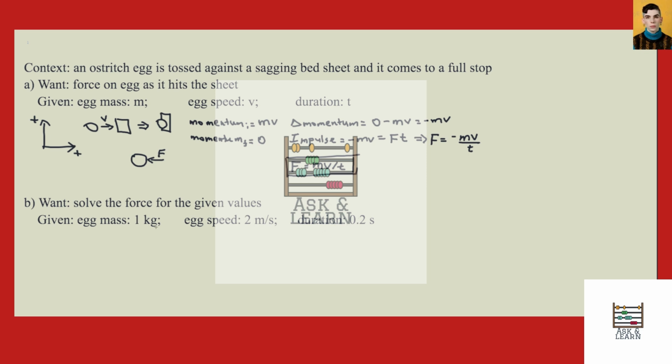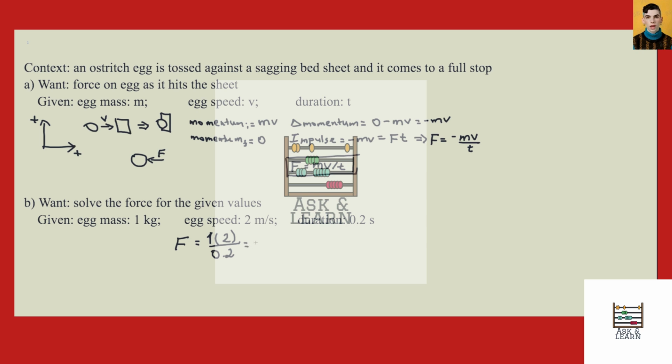So if we just plug it all into the formula that we found over here, the magnitude of the force acting on the egg is going to be equal to the mass of the egg, 1 kilogram, times the speed of the egg, which is 2 meters per second, divided by the duration of the force, which is 0.2 seconds.